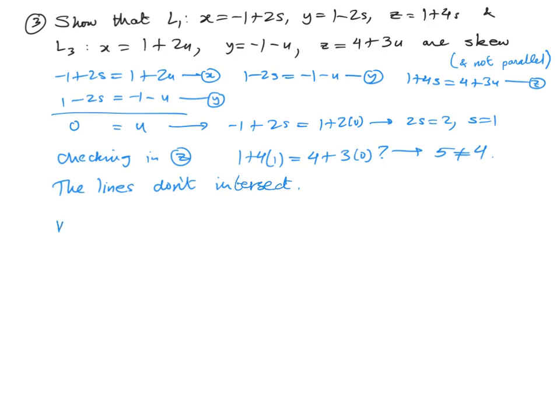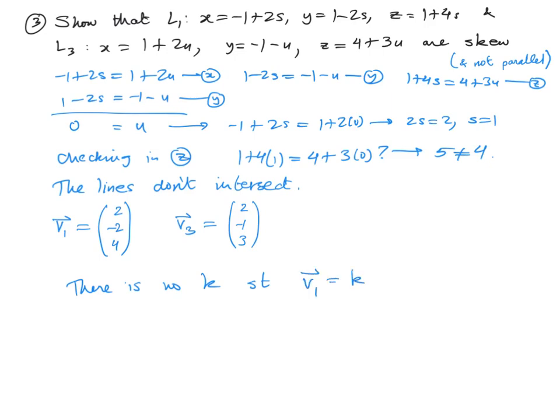So V1, the direction vector for line 1, is 2, -2, 4. And V3, the direction vector for line 3, is 2, -1, 3. And you can see here that there is no k such that V1 equals k times V3. It's kind of obvious here. You could try solving it, but you'll find a problem because 2 and 2 are the same.